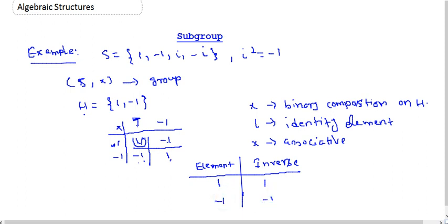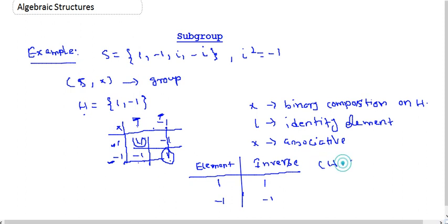Why? Because if I find the identity element here and go in the upper direction and the left direction, each element has an inverse. We already talked about that in our previous lecture. So 1 has inverse 1, minus 1 has inverse minus 1. So H becomes a subgroup.